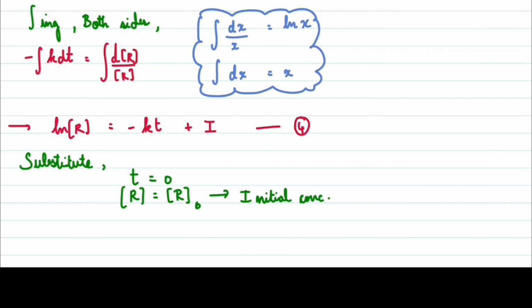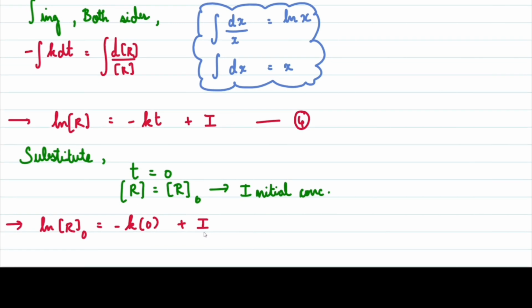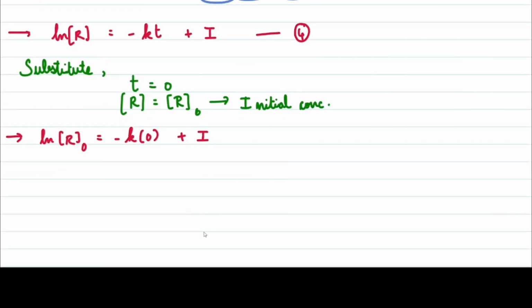Now we are going to substitute this t value and the R value in equation 4. If we substitute it, we will get ln R naught is equal to minus k, t will be 0, plus I. So this term will get cancelled because it's 0.